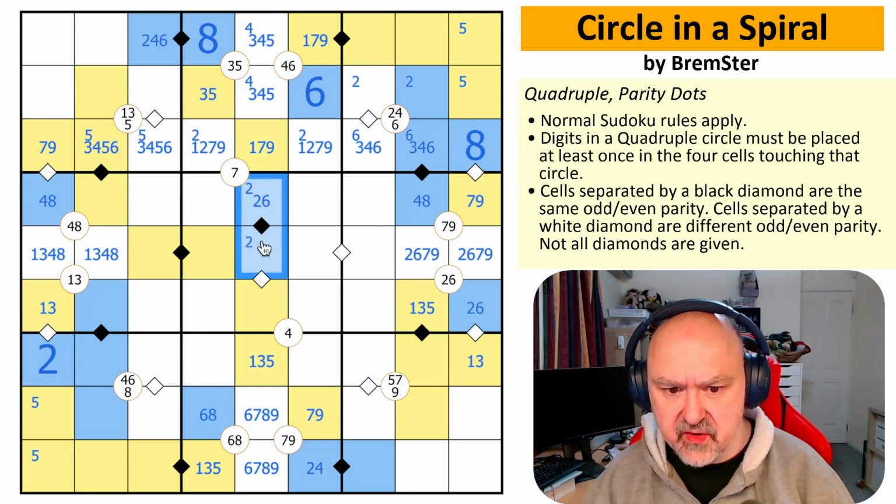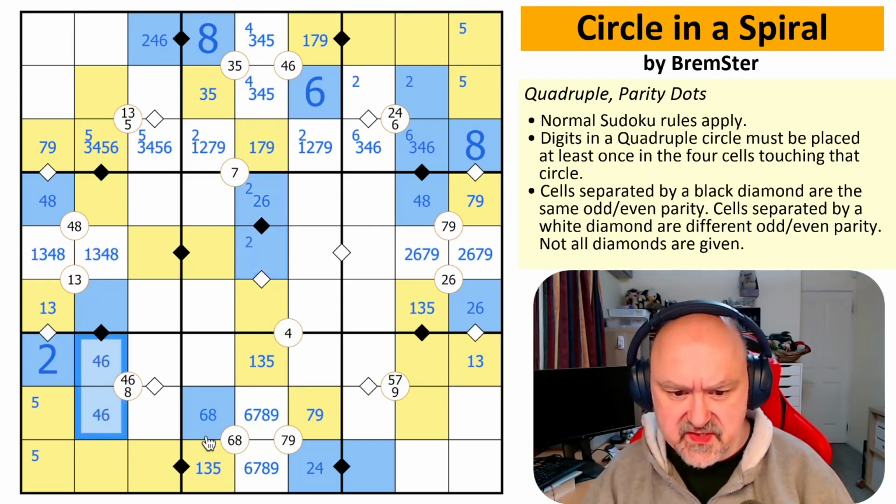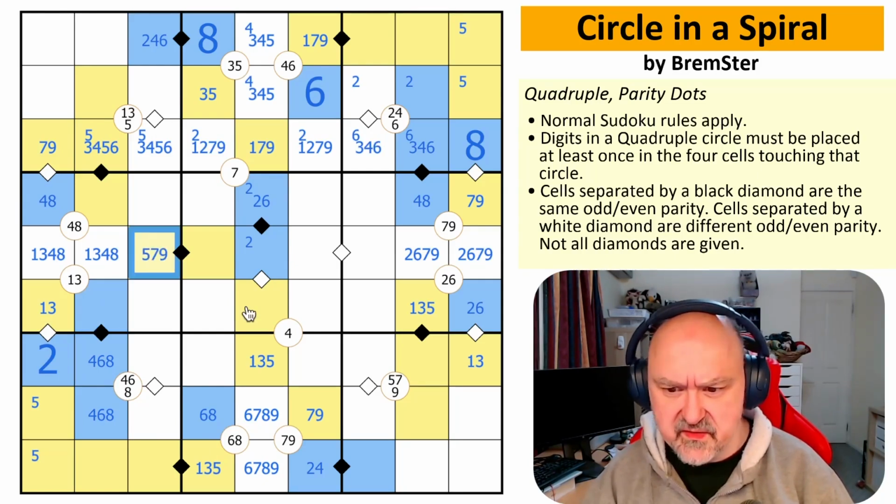So 2 is in one of those two. These are 4, 6, 8. This can't be 1 and 3, so it's 5, 7, 9.